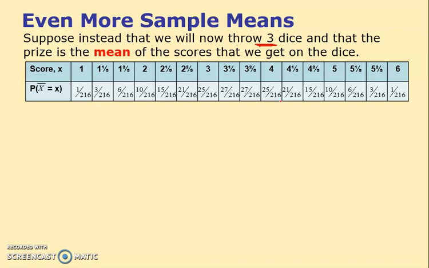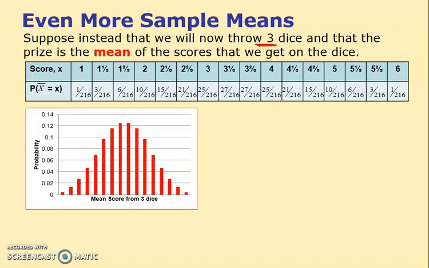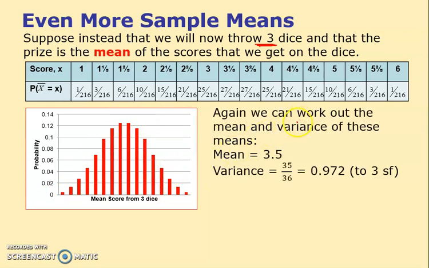And as long as we're happy with those, you end up with this distribution diagram. And you look at this now, it's not quite so pointy as the last one, it's more curved. And that curvature is starting to look a bit familiar. Again, we can look at the mean and the variance.